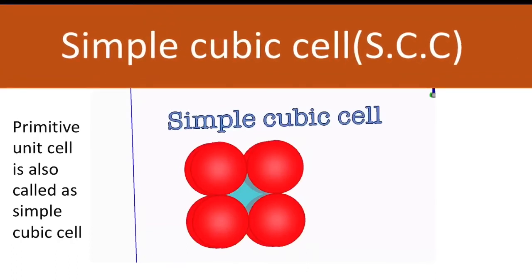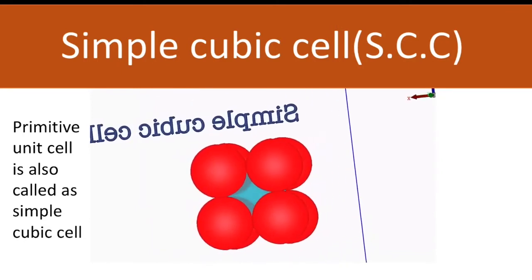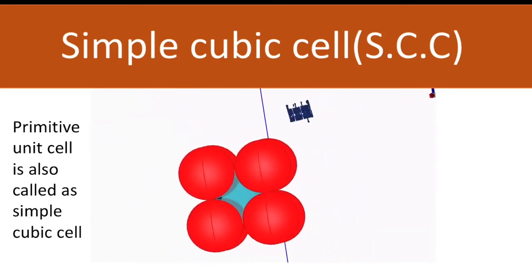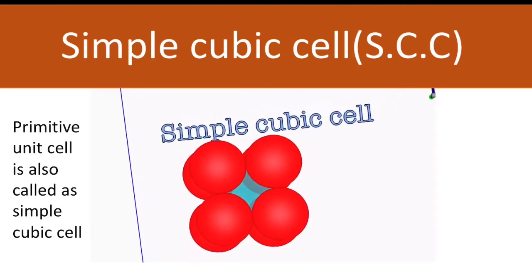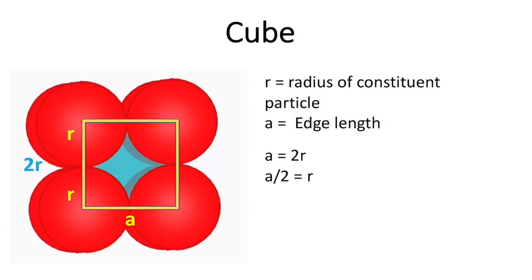As you can see in this 3D animation, the constituent particles are arranged on the corners of the cube. Okay, let's discuss right now. See, the one possible imagination for every scientist, let the constituent particle be a sphere.